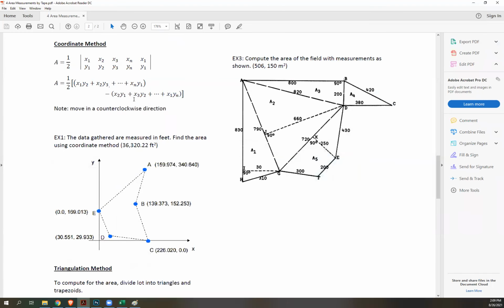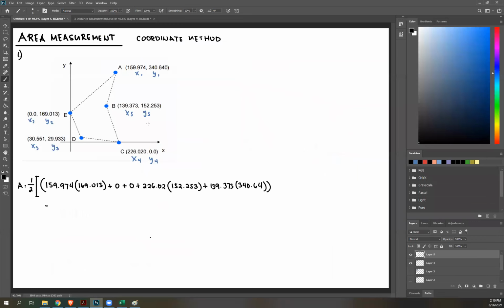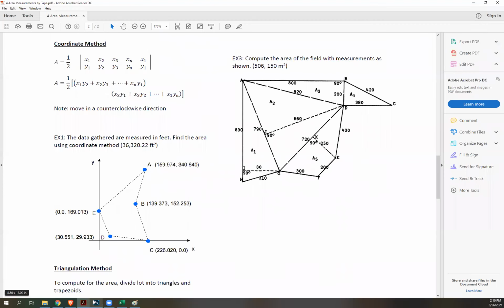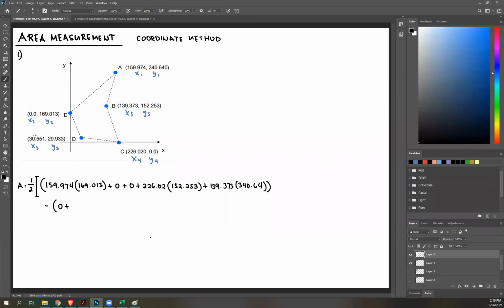So that would be x2, y1, x3, y2. So x2, okay, 0 times y1. So that's just 0. Okay? And after x2, you're going to go with x3. So x3, y2. So x3 is 30.551. Y2 is 169.013. Okay? And then plus x4, y3.